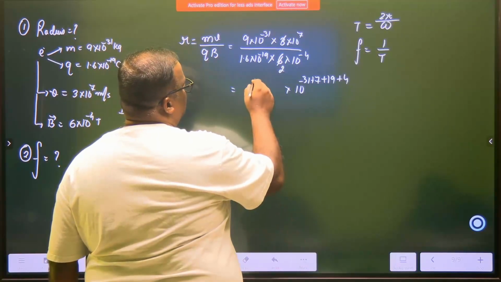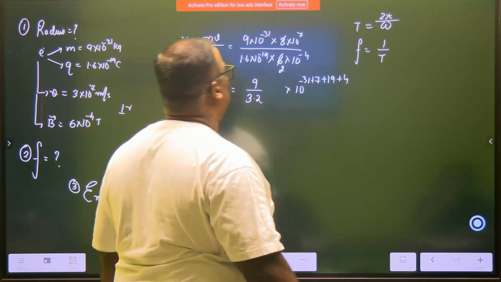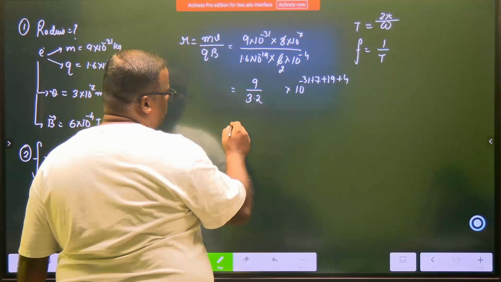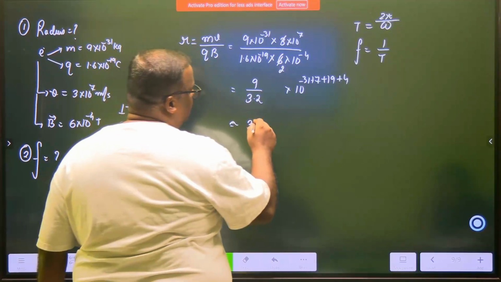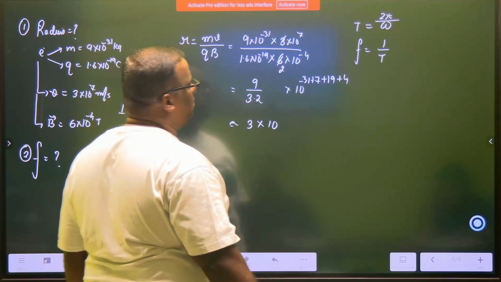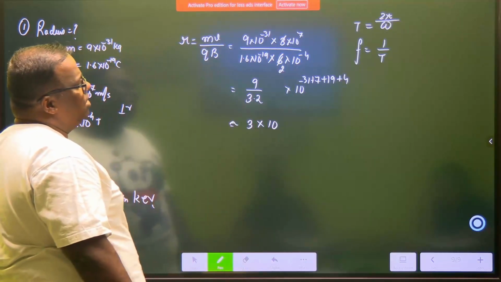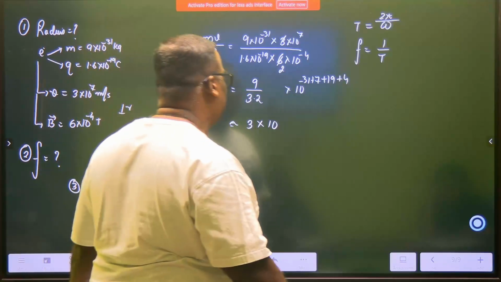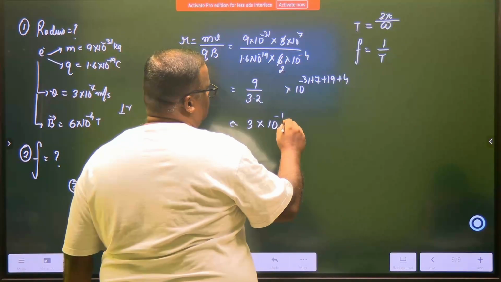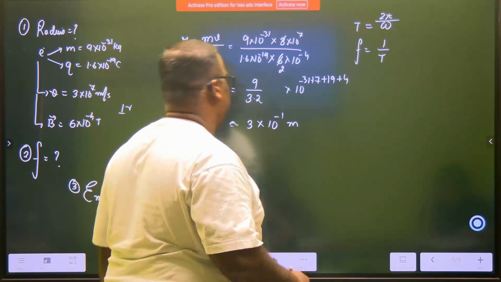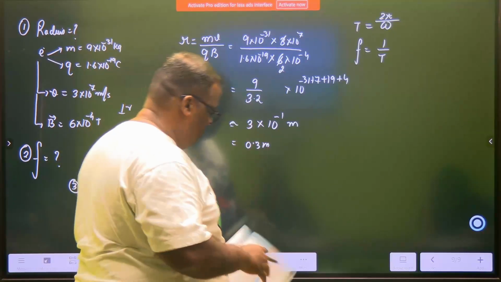So it becomes 9 divided by 3.2, which is almost equal to 3, approximately 3. 3 3s are 9. 3 into 10 to the power, how much is the power? Minus 31 plus 7 gives minus 24, plus 19 is minus 5... so 26 plus 4 is 30, and 3 into 10 to the power minus 1 meters. So it's 0.3 meter, roughly.